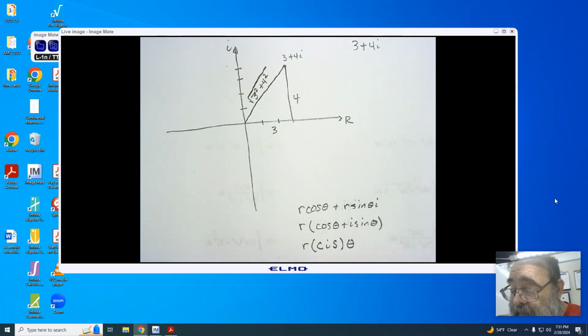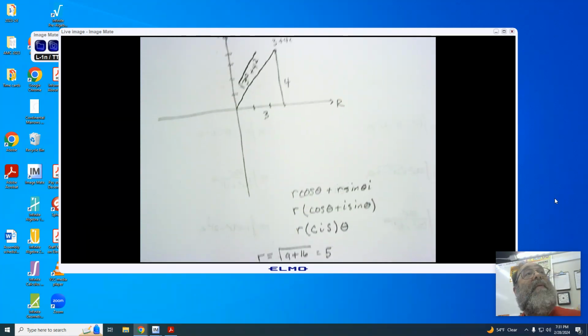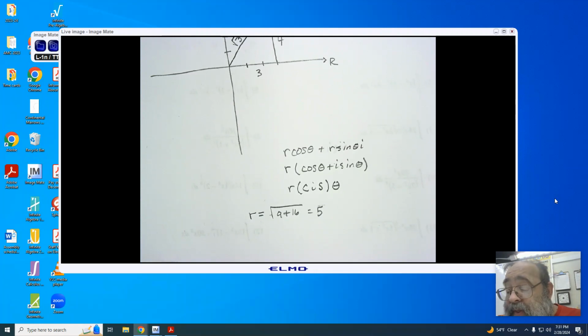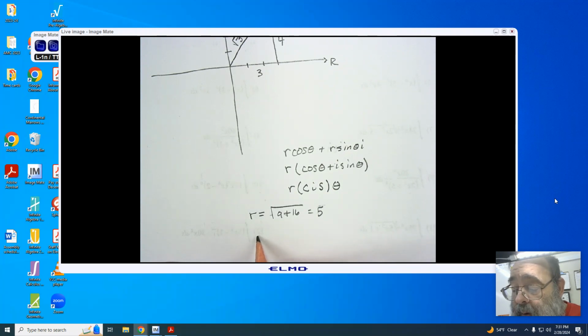That's the square root of 25, which gives me 5. Now, theta is found by working with the position and our tangent. So theta is equal to the arctangent of the y value, 4, divided by 3.